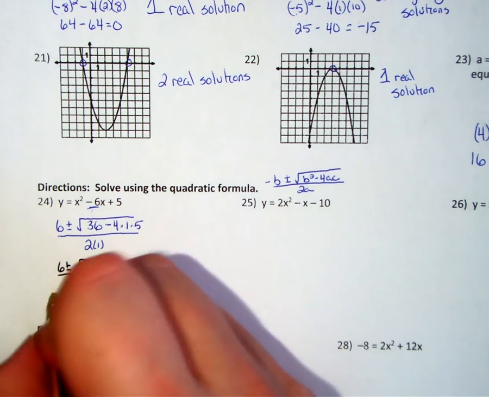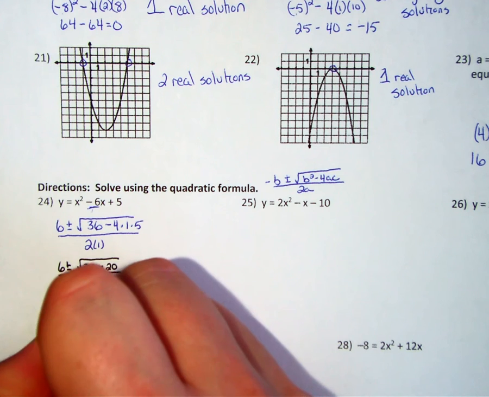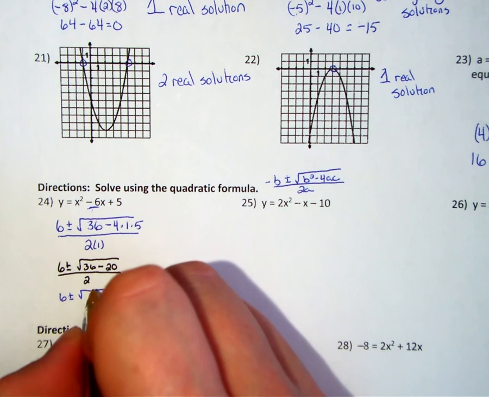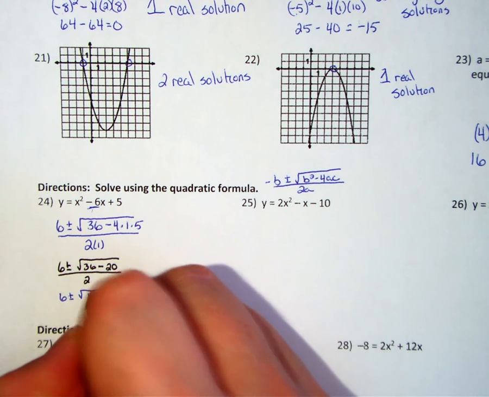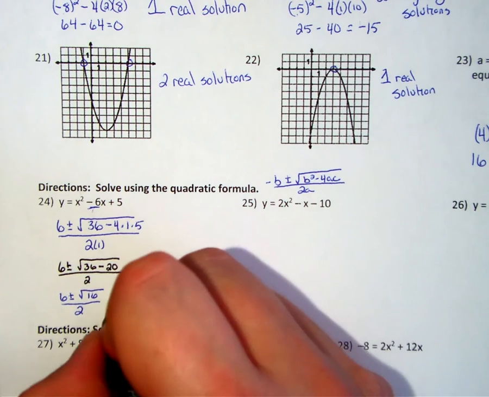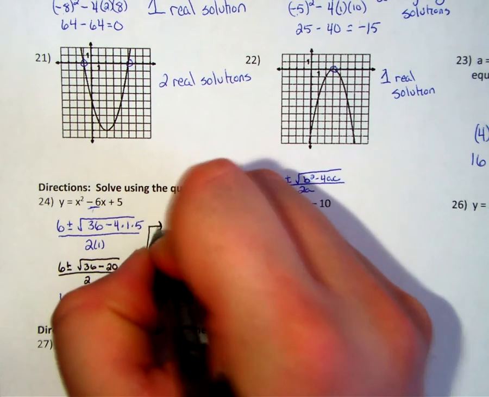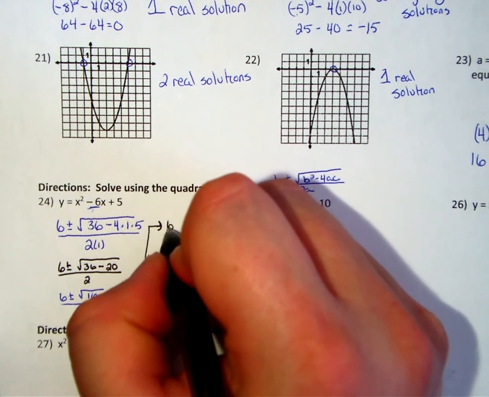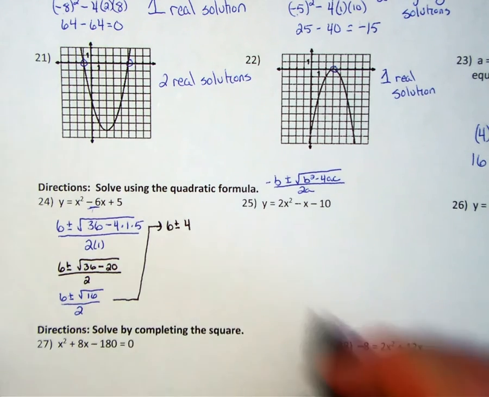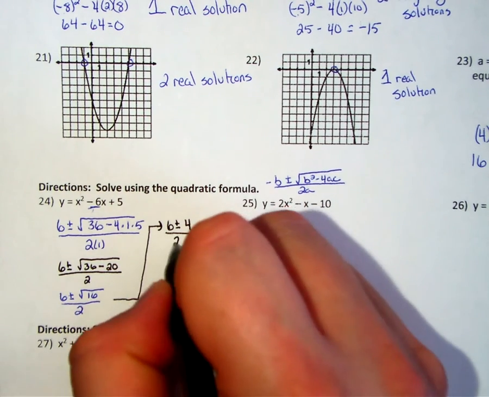Let's clean up a bit more. 6 plus or minus the square root of 36 minus 20, 16 divided by 2. Alright, again, let's clean it up just a little bit further. 6 plus or minus 4, because the square root of 16 is 4, divided by 2.